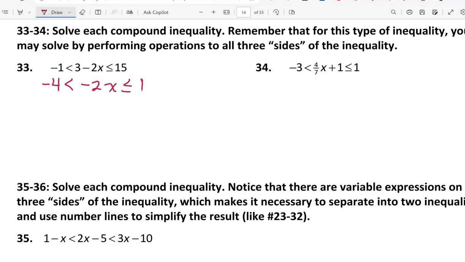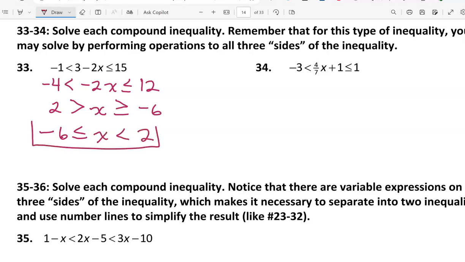Subtracting 3 from 15 is 12. Now we'll divide by -2. That will give us 2x and -6, but the inequality changes direction because we divided by a negative. I'm going to rewrite that as -6 is less than or equal to x is less than 2, simply because that's how I see it on the number line from left to right.